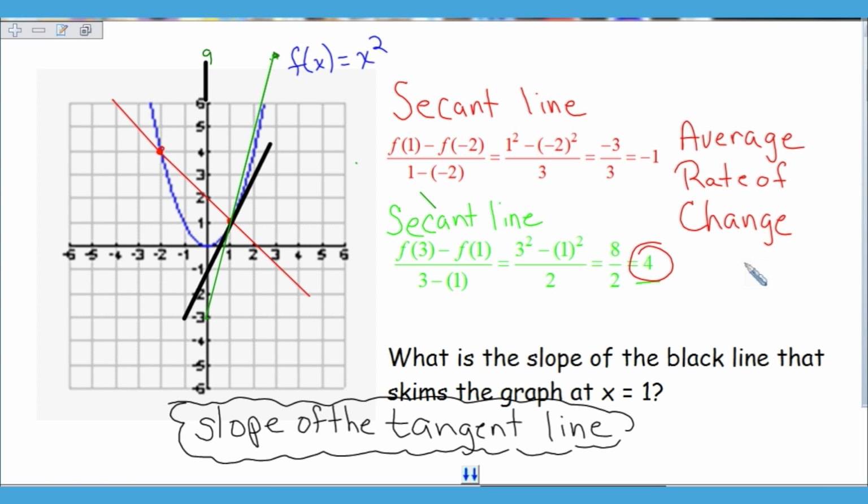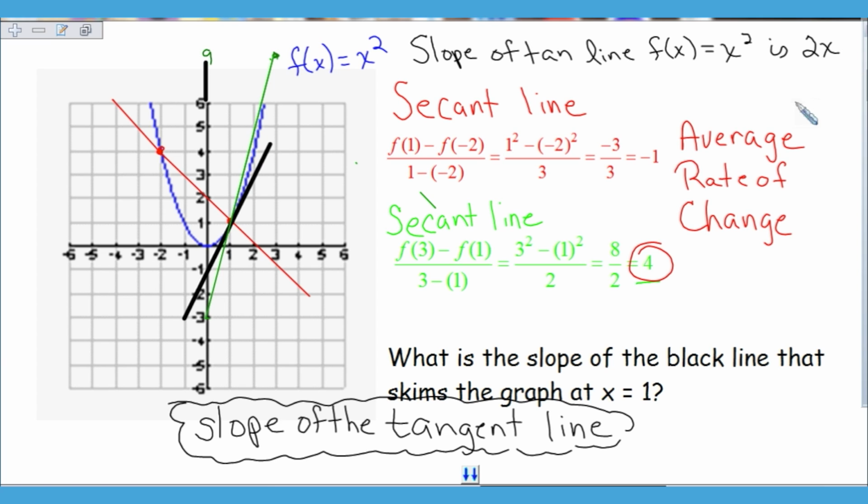Well, we just said that, let me get my pen in the right color, black. We said that if f of x is x squared, then the slope of the tangent line for f of x equals x squared is 2x.